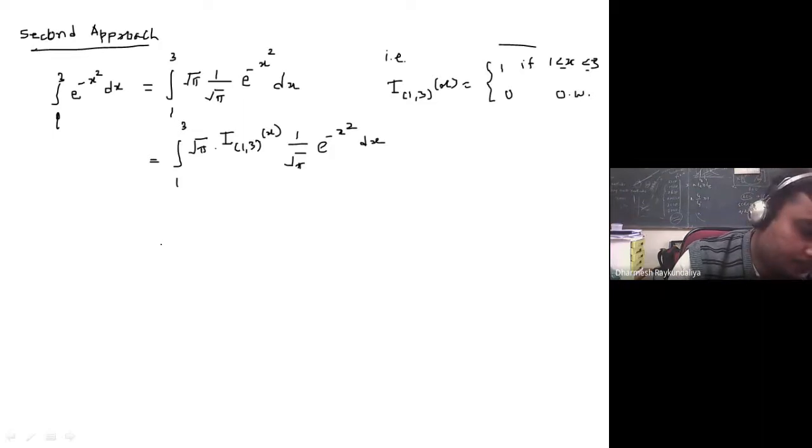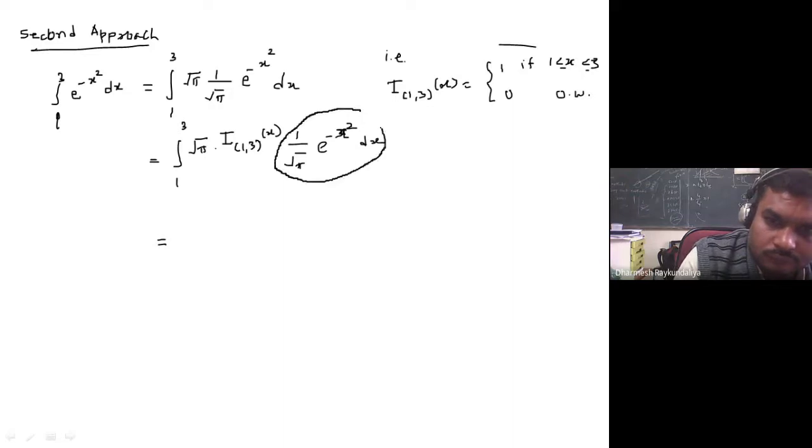Okay. So suppose this is a normal density. Can we say it is a normal density, this quantity? What is the distribution?